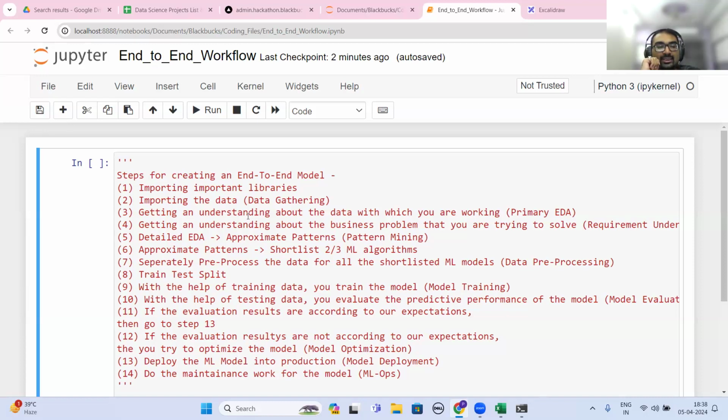Now, after this is done, assuming all of these portions are perfectly clear to all of you, you read it for 2 minutes and then we will move ahead with the next portion.